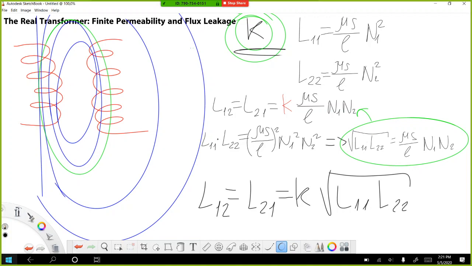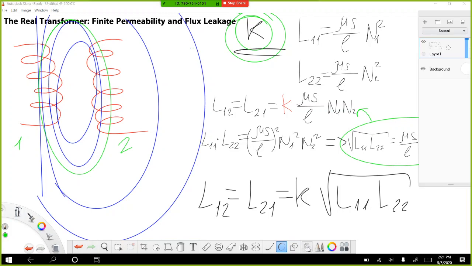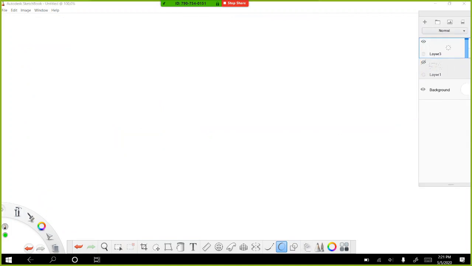Note that this is the first coil, the primary coil, and this is the secondary coil. The electromotive force in each coil, according to Faraday's law, is d phi over dt.